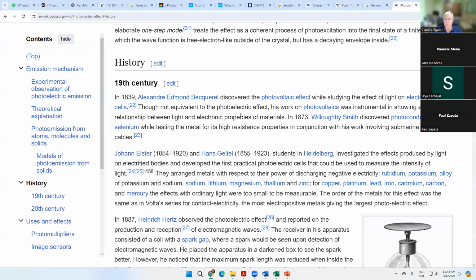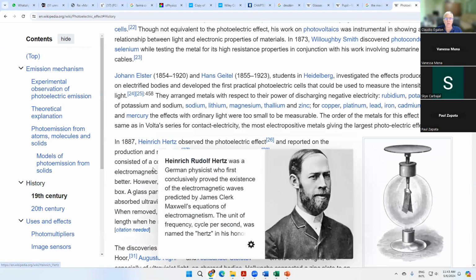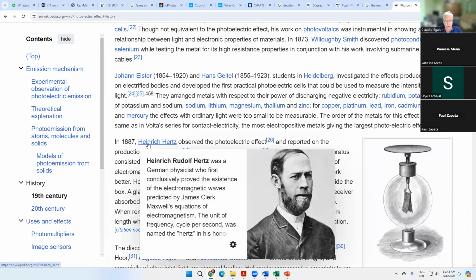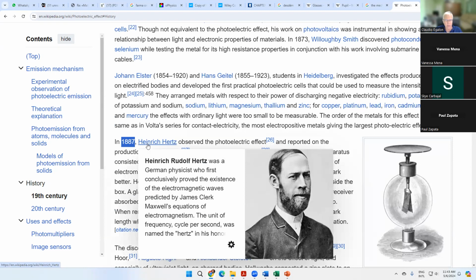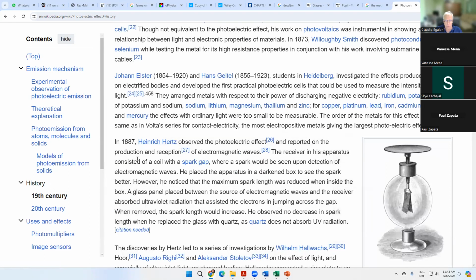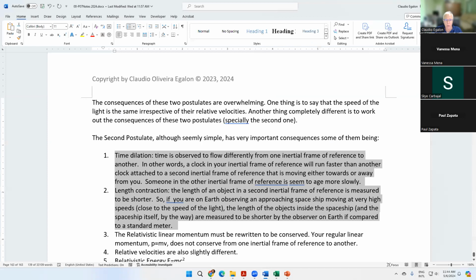History, 19th century. Hey, it's not Wilhelm, it's Heinrich Hertz, 1887. So it took more or less 20 years for Einstein to explain this effect that Heinrich Hertz discovered. That is the historical background.